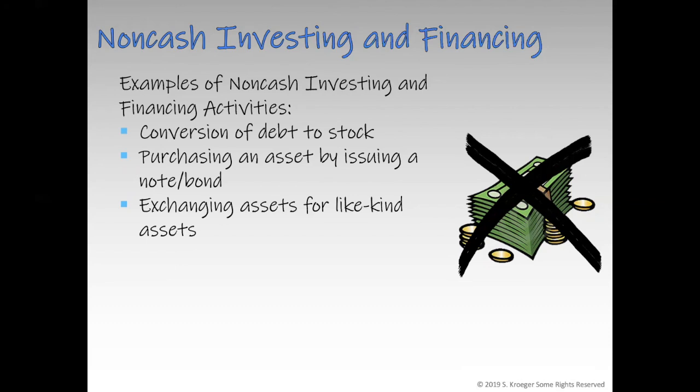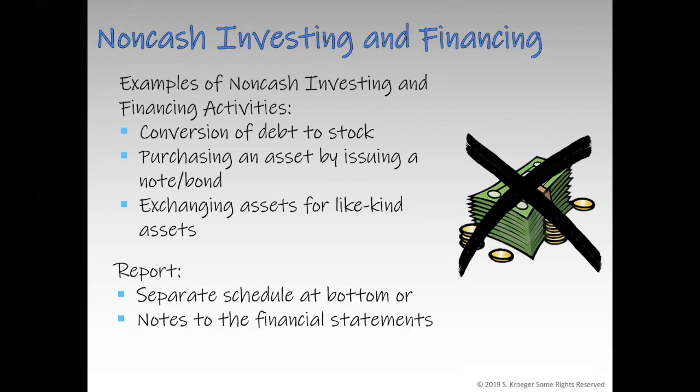Those are just some of the examples. Non-cash investing and financing activities are disclosed in either a note to the financial statements or in a separate schedule to the statement, which is why it's not part of the three other main categories.